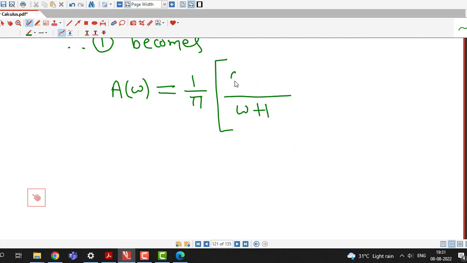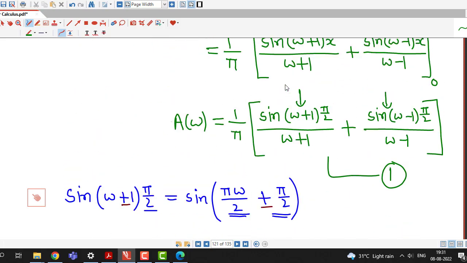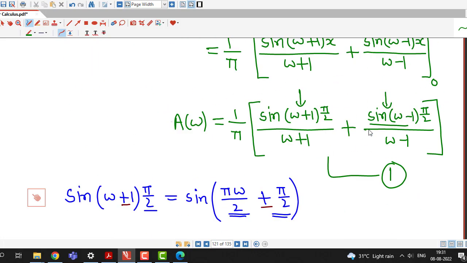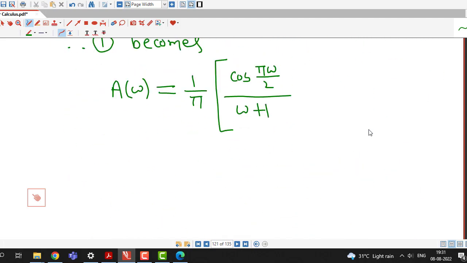Here I put cos pi omega divided by 2, and here I will put minus cos pi omega by 2 and divided by omega minus 1.